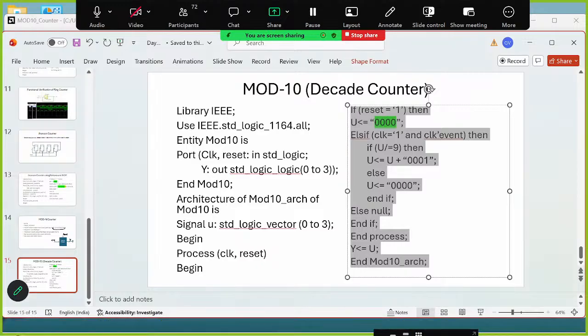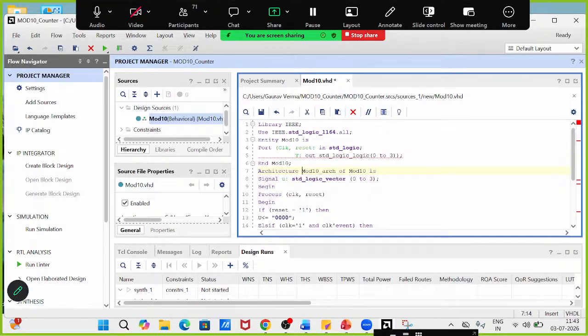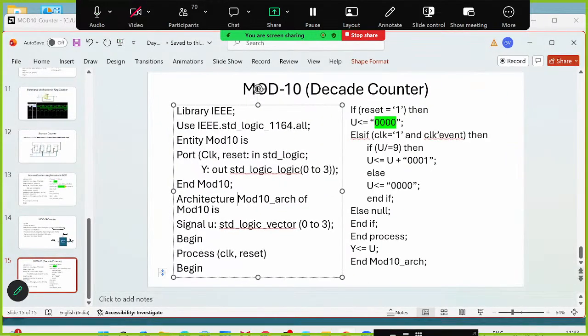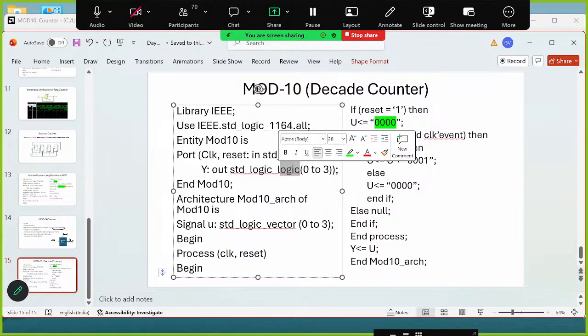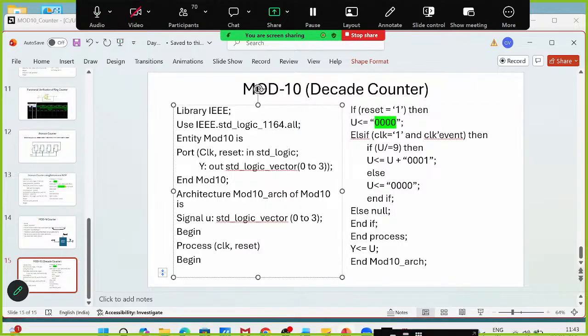Let me correct that also. And why is it saying std_logic is not declared? Okay, we need to write vector over here. Sorry, vector. It should be vector. See, if it makes any mistake, it will give us an error.